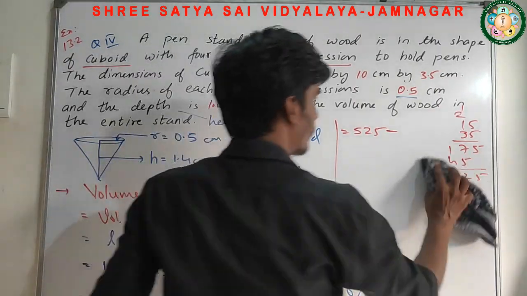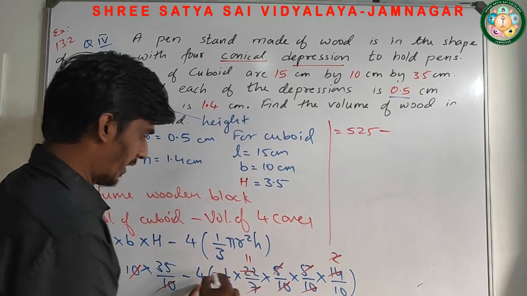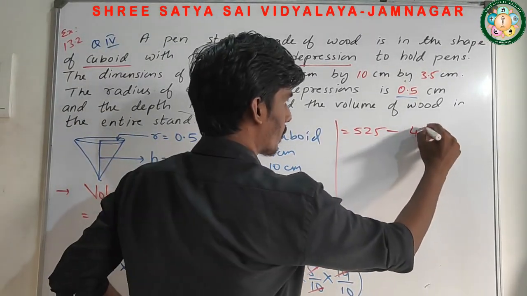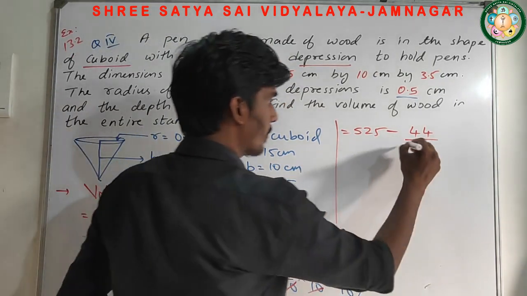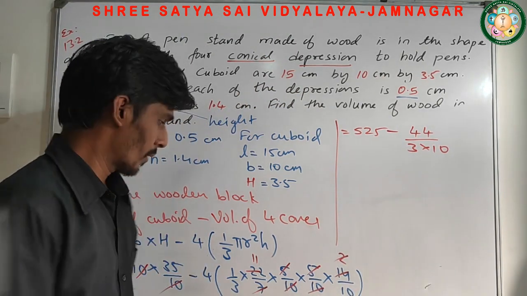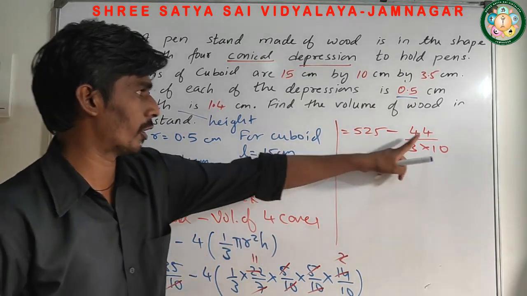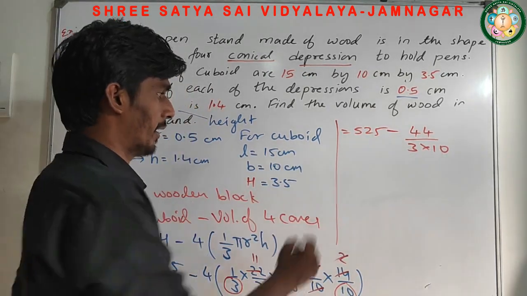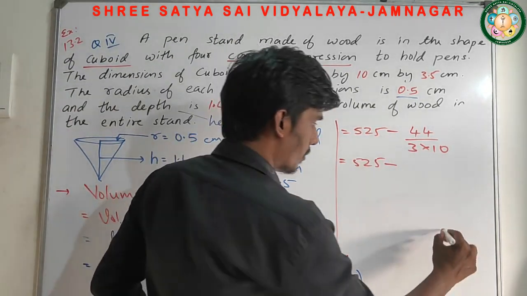Minus what? What is remaining here? 4. And in the numerator only one thing is there, 11. 4 into 11, 44. Divided by what? 3 into 10. So just take care of this thing. All the numbers in the numerator, it's only 11. 11 into 4, 44. In the denominator it's only 3 and 10. 525 minus 44 upon 3.